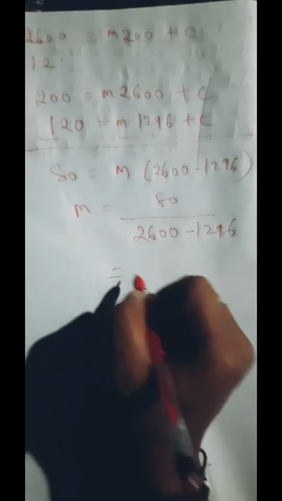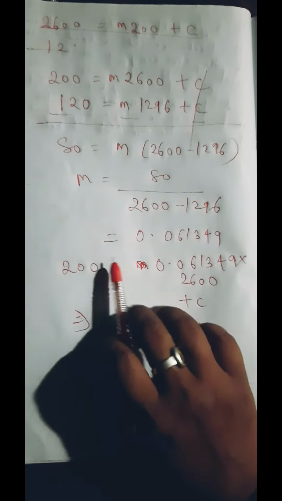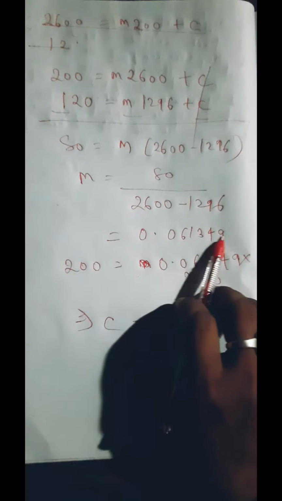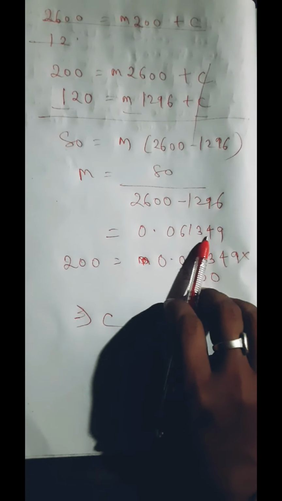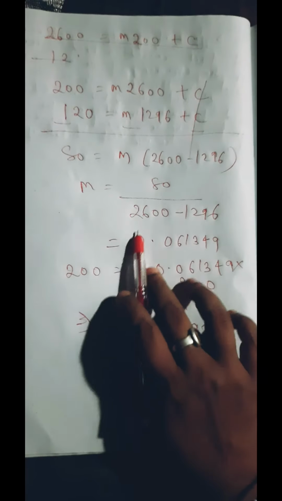So m equal to 80 divided by 2600 minus 1296. So I'll check the answer. After solving, I found the value of m is 0.061349. Then we'll put the value of m in any one of the equations.